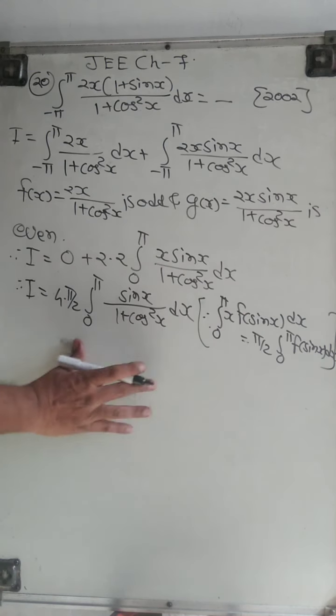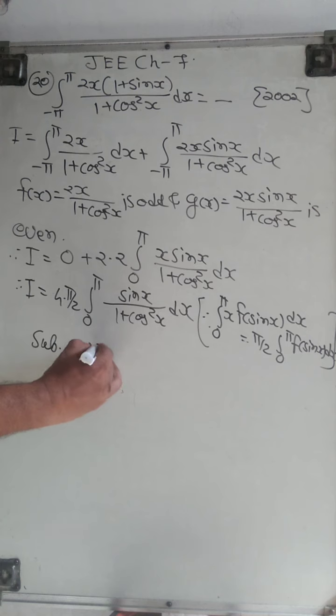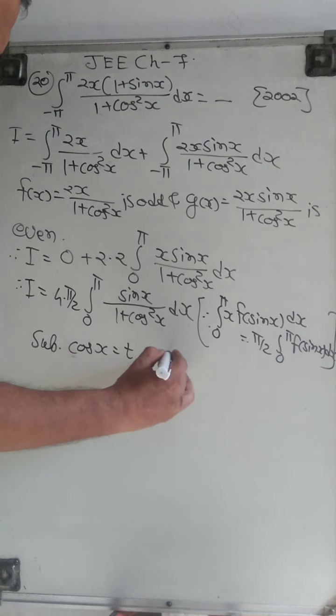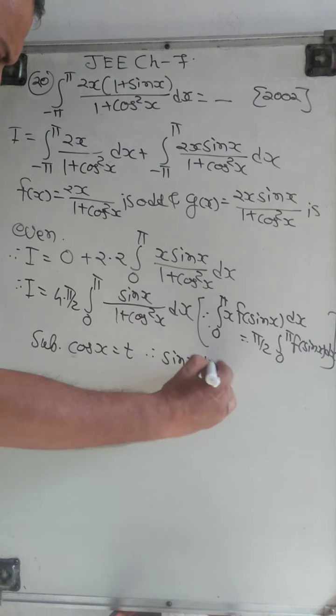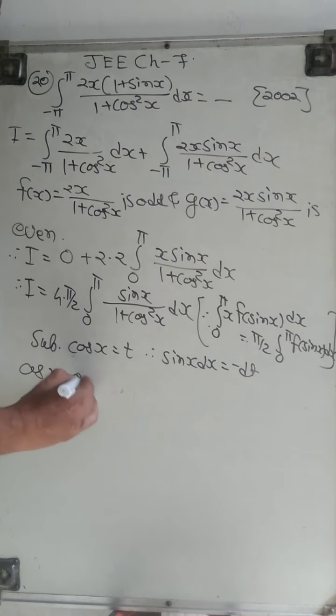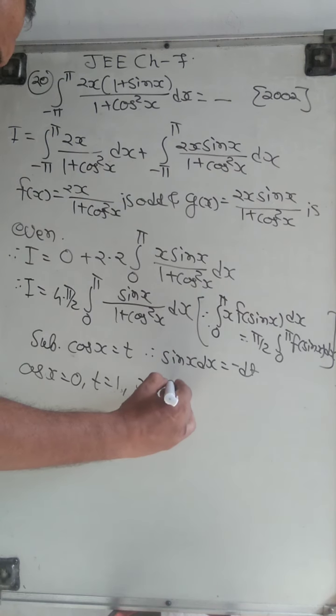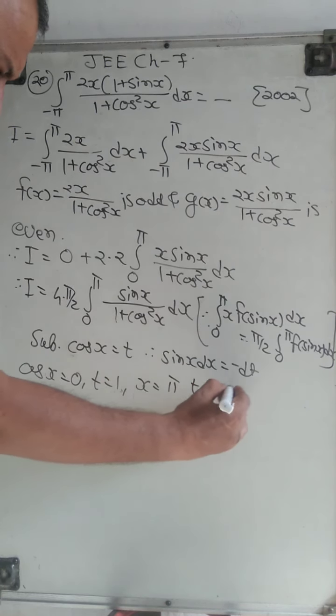And we substitute cos x equal to t, therefore sin x dx is minus dt; as x is 0, t is 1, and x is pi, t is minus 1.